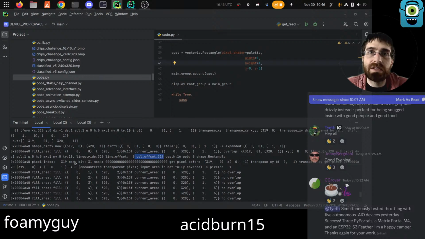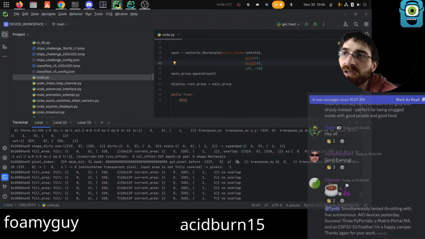Pixel index 319. Or what A? Oh, that's A and B. The DXs and DYs, I think, or something. 19, 0 sounds correct.